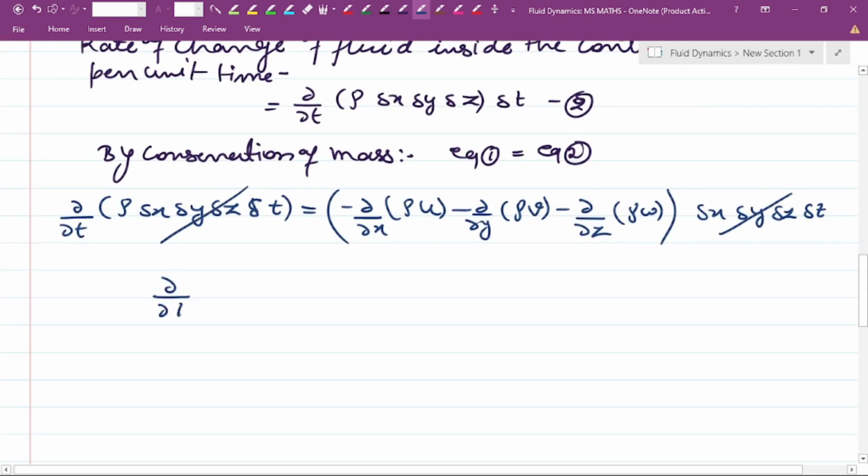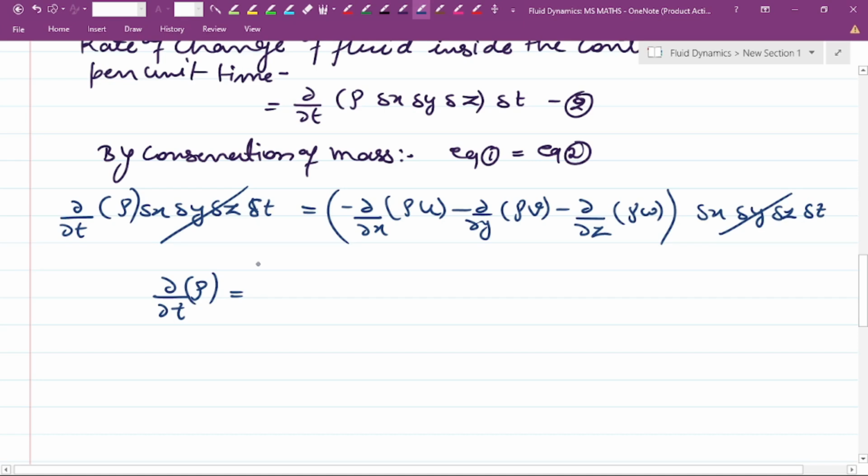This term is not in the derivative, so we can cancel it.